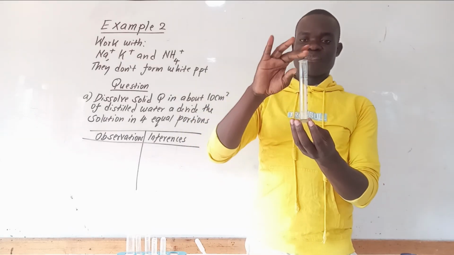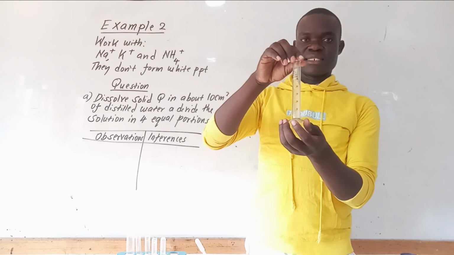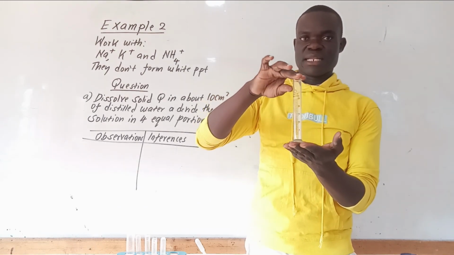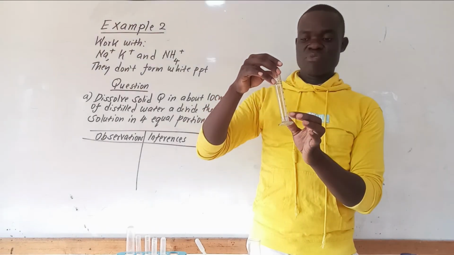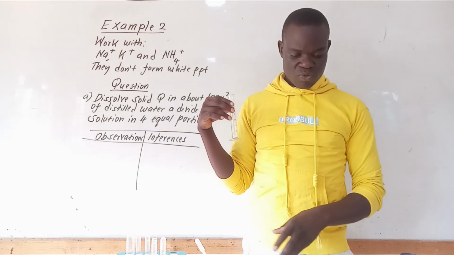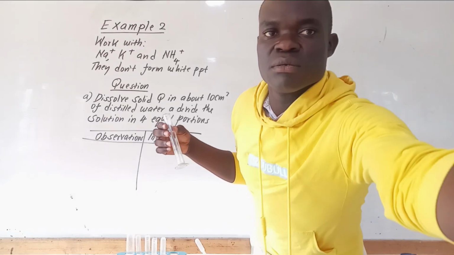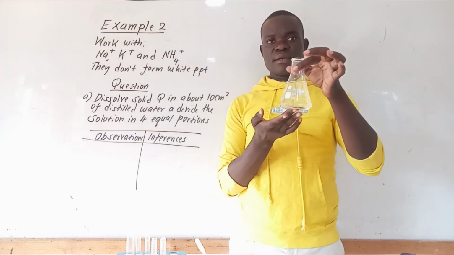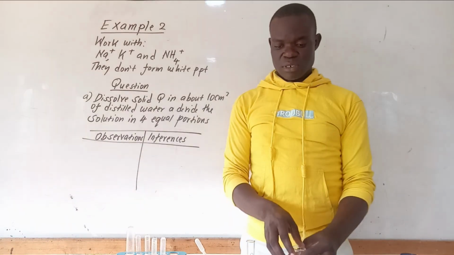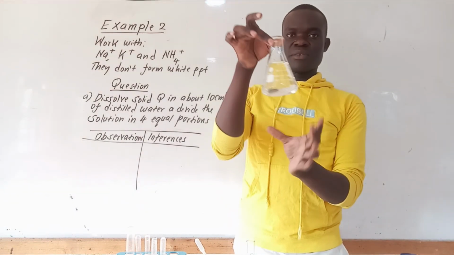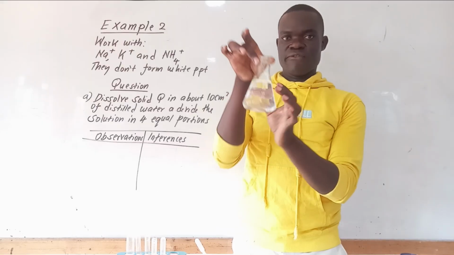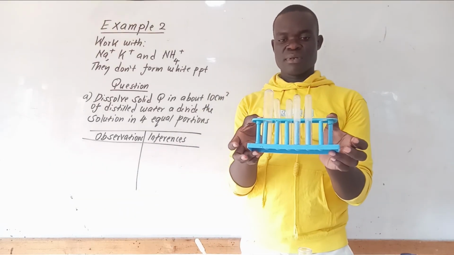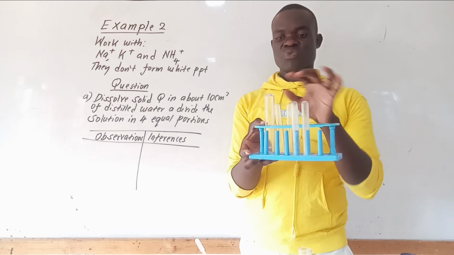We have here a measuring cylinder. This is a 25 cubic centimeter measuring cylinder, but we will only measure 10 cubic centimeters of distilled water. This is distilled water in a conical flask. This apparatus is called a conical flask. We have test tubes and test tube racks with a boiling tube.